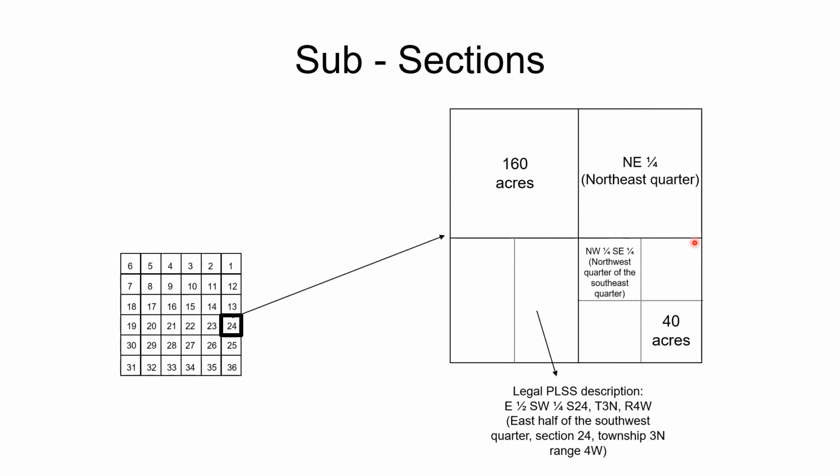Okay, so for instance, this parcel is the northeast quarter of Section 24, Township 3 North, Range 4 West, if that's the township that this is in. Okay, now each of these quarters is 160 acres. That's just 640 acres divided by 4.